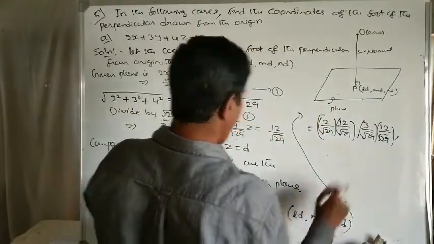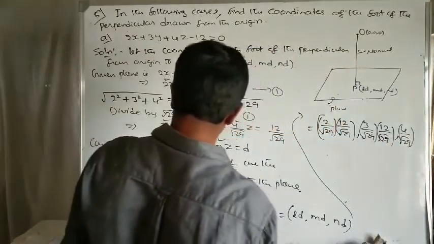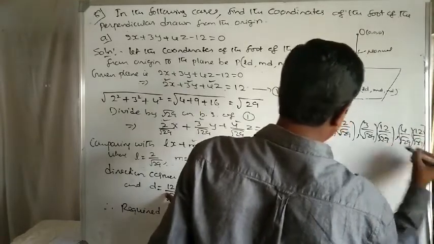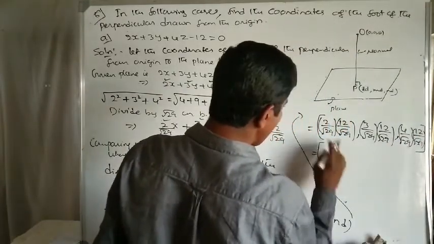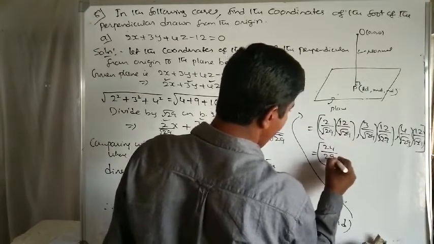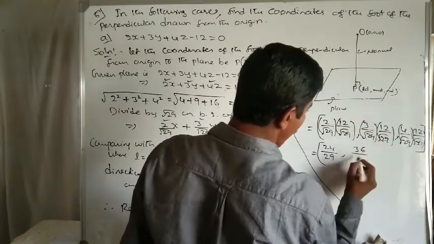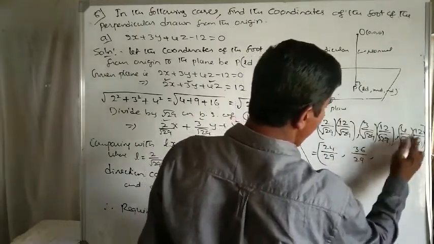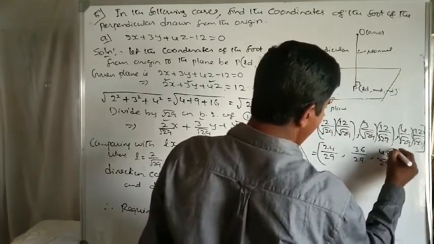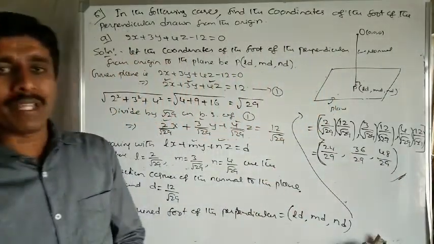Next nD: n value 4 by root 29, D value 12 by root 29. Two into 12, 24, divided by root 29 times root 29, 29. 3 into 12, 36, divided by 29. 4 into 12, 48, divided by 29. These are the coordinates of the foot of the perpendicular.